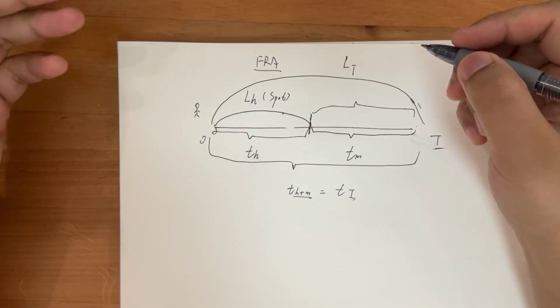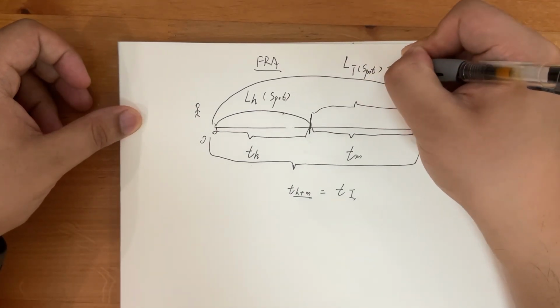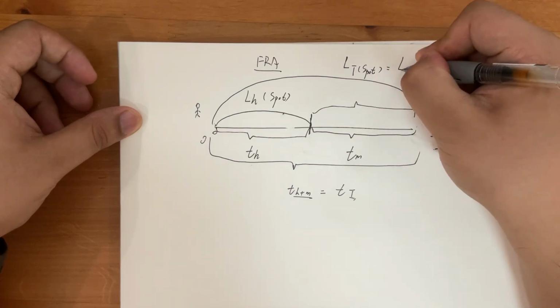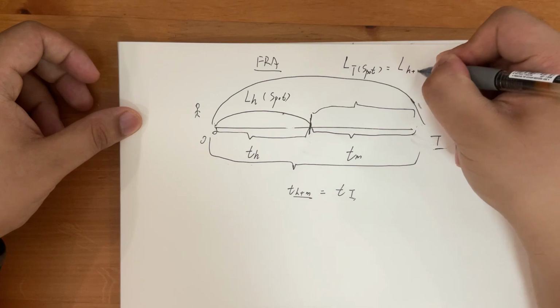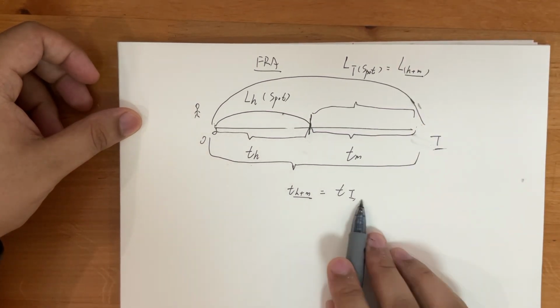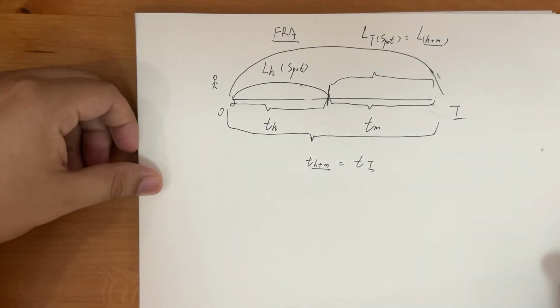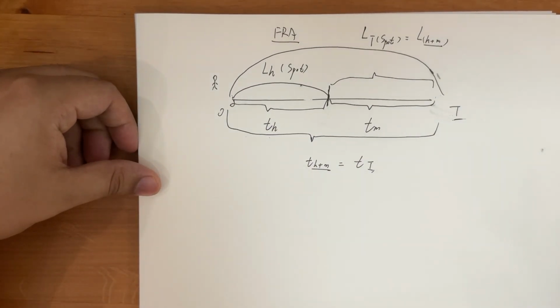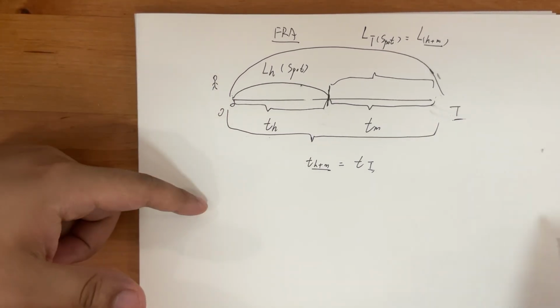So basically the L_t spot will also be L at h plus m, because h plus m equals t. So all these are the conditions that I've set, and then we can write the formula.